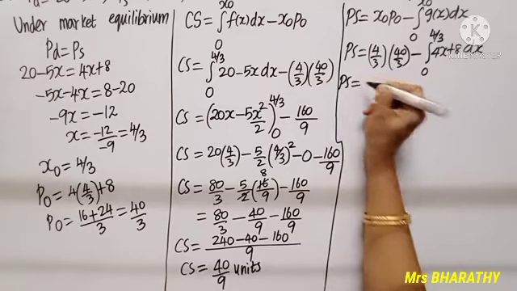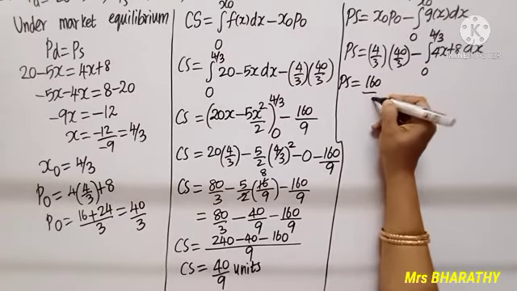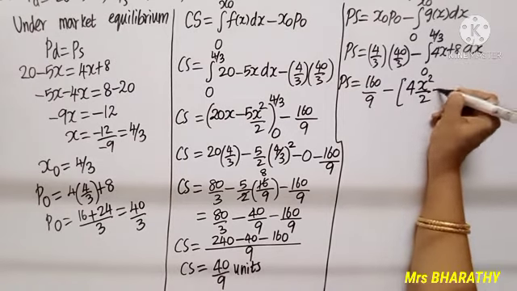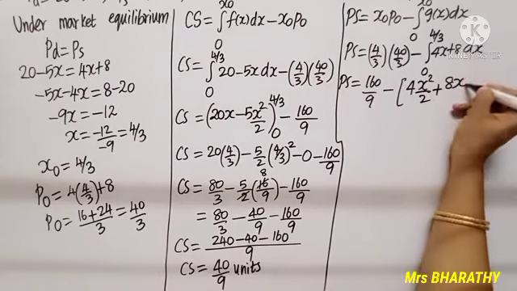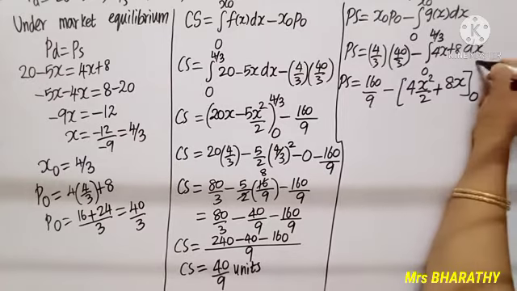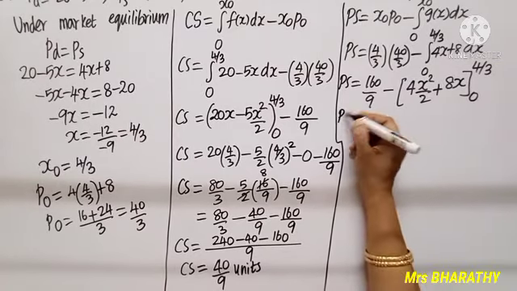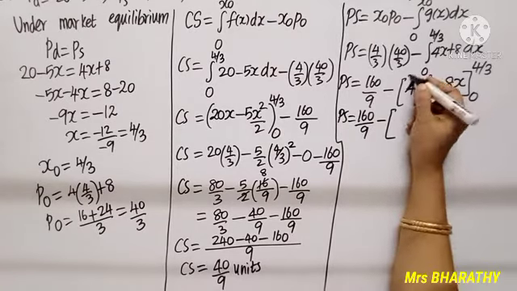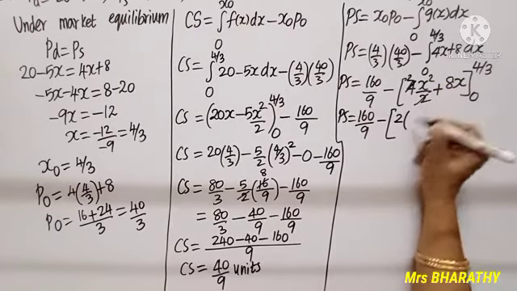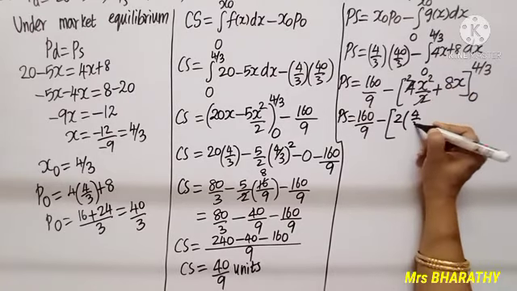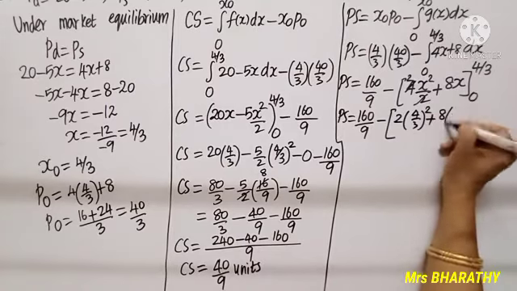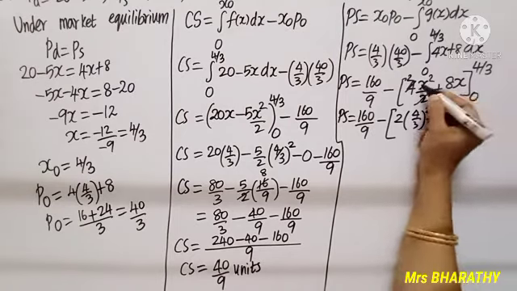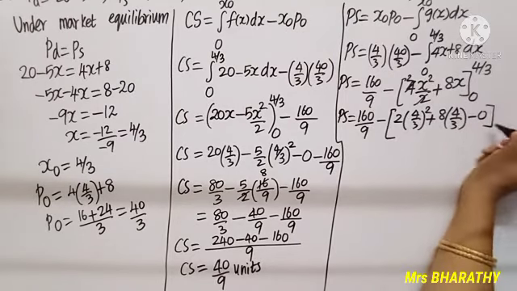As we integrate, 4 into x becomes x square by 2, plus 8 constant becoming 8x, between the limits 0 to 4 by 3. It is 160 by 9 minus, putting upper limit, 2 into x square, 4 by 3 the whole square, plus 8 into 4 by 3. The lower limit 0, as I apply, is just giving me 0.